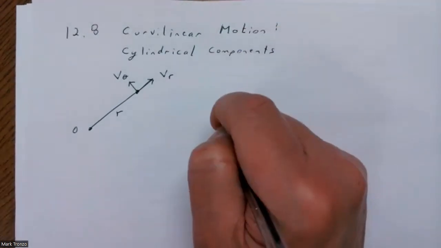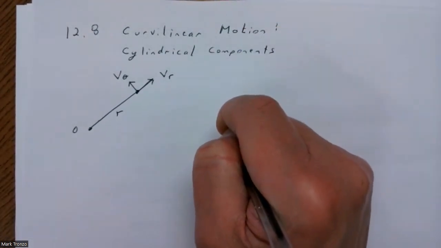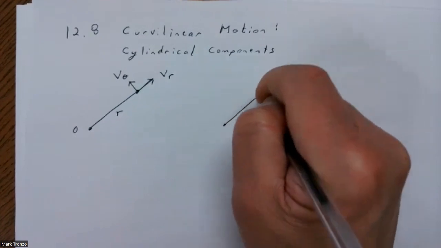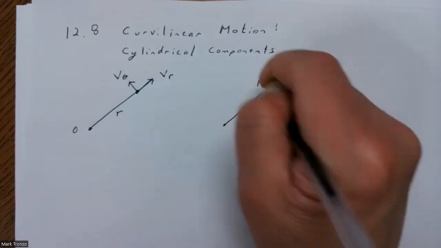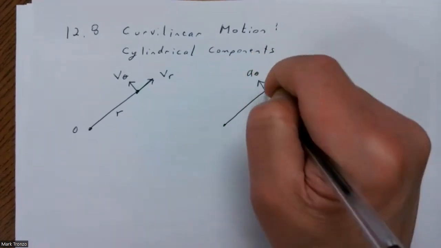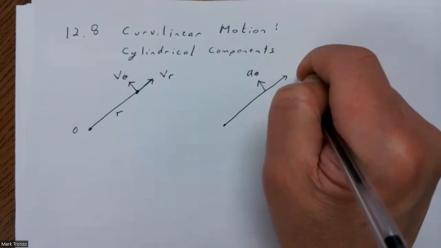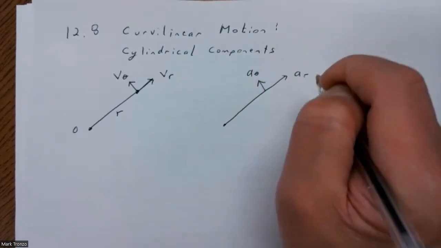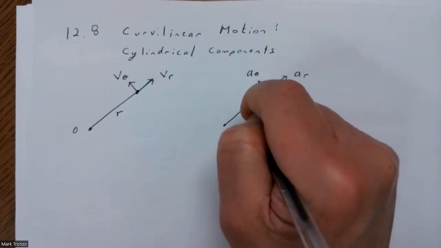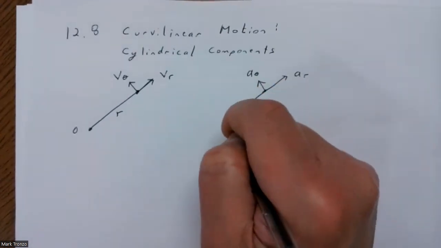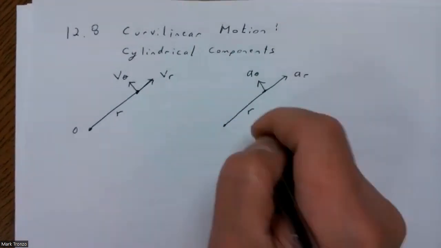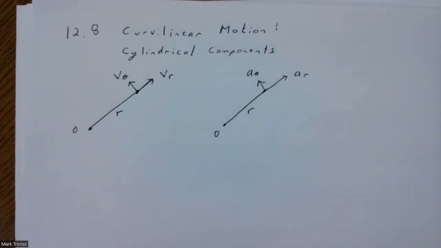And the same thing with acceleration. We might have it in the theta direction, which means going in a circle basically, or in the radial.